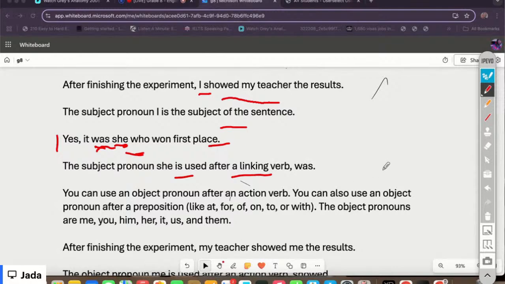So, we have some examples for the subject pronoun. We could have: I like reading.